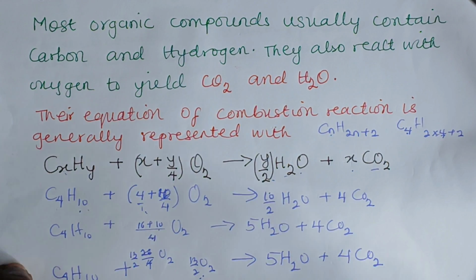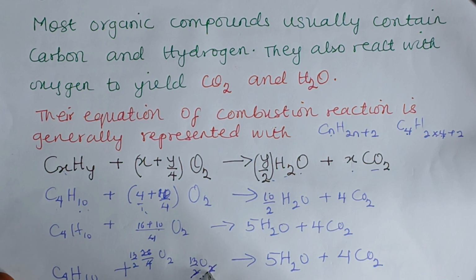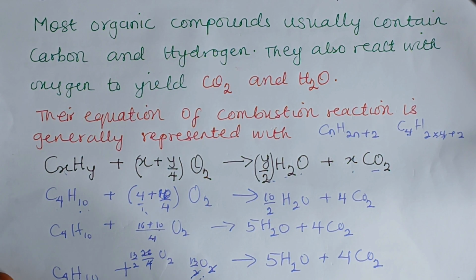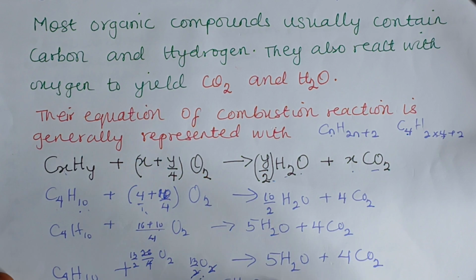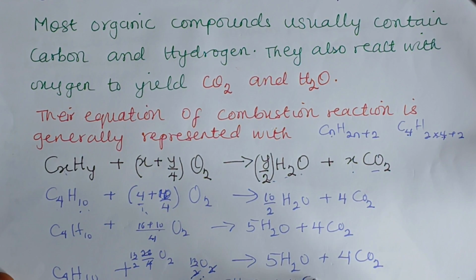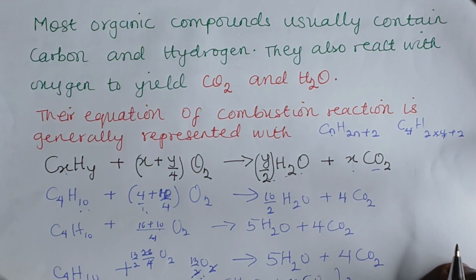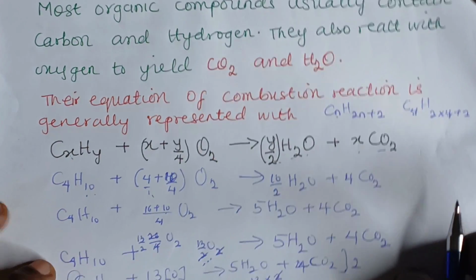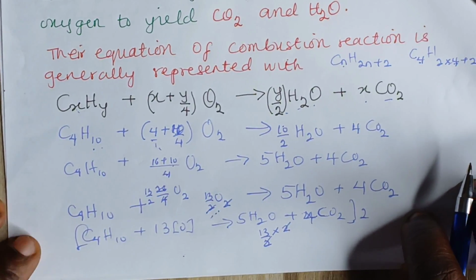At times, because it's a fraction, we can write 13 over 2 and cancel. So because we have fractions, we have C4H10 plus 13/2 O2 equals 5H2O plus 4CO2. We can now multiply all through by 2, and we get back what we need.